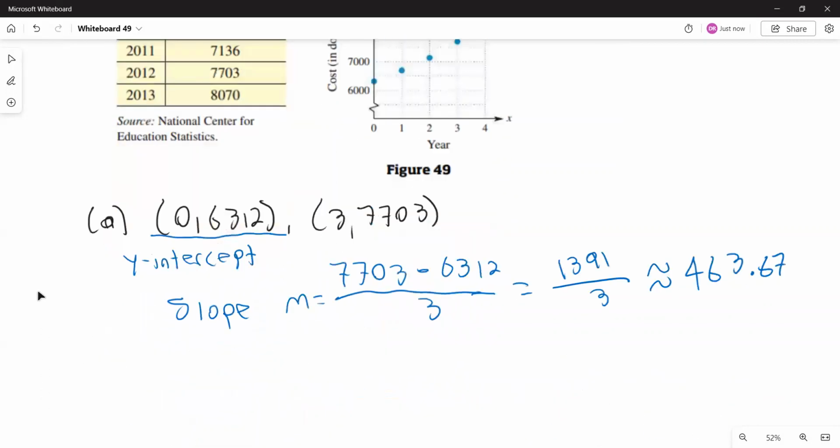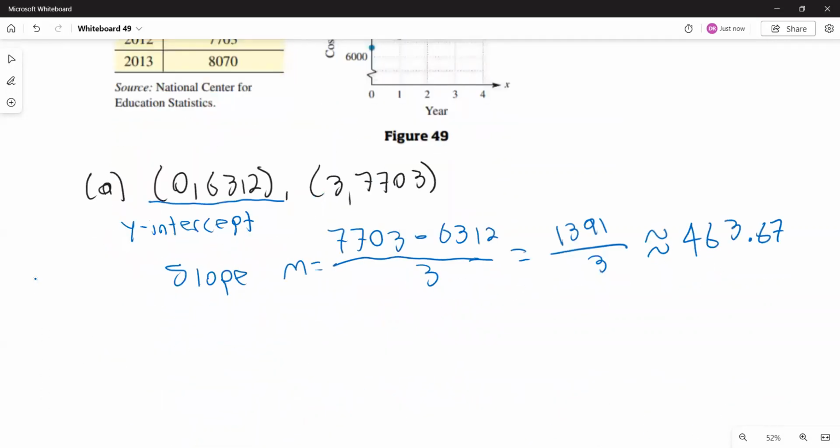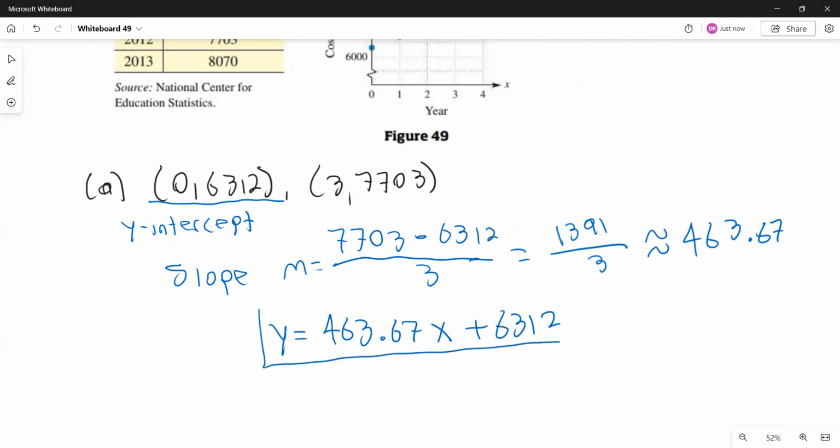The equation of the line is then y equals 463.67x plus, we know the y-intercept, 6,312. So that's part 1.